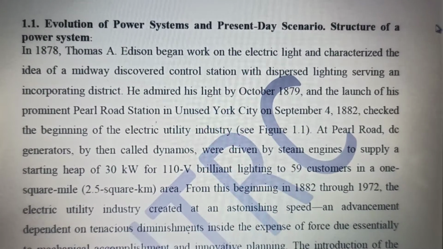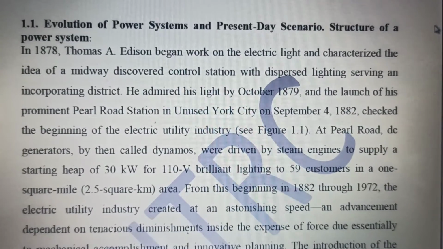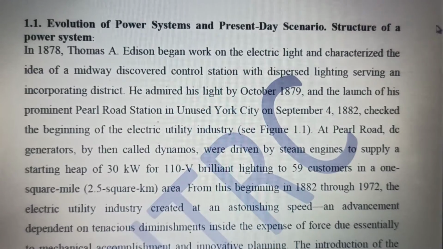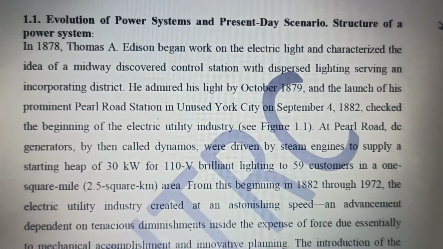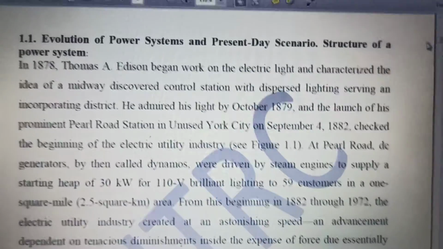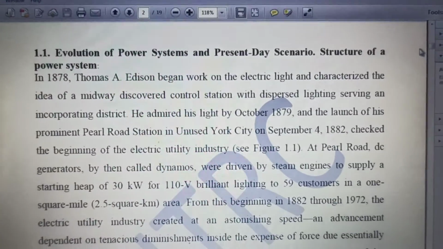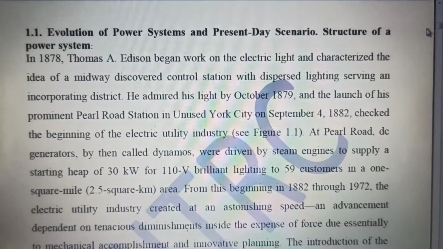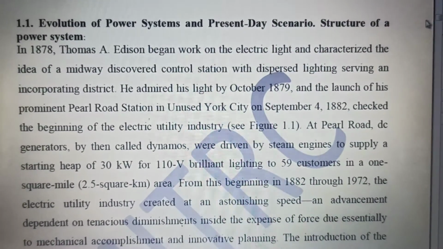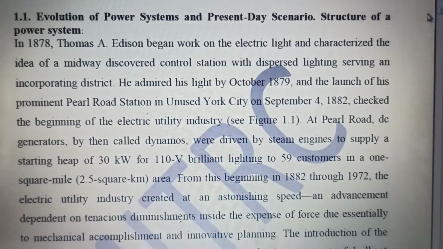Okay, so you can understand that it was in 1878 when Mr. Thomas Alva Edison, a pioneer scientist, began his work on the electrical lights. Okay, and he basically discovered the DC power.